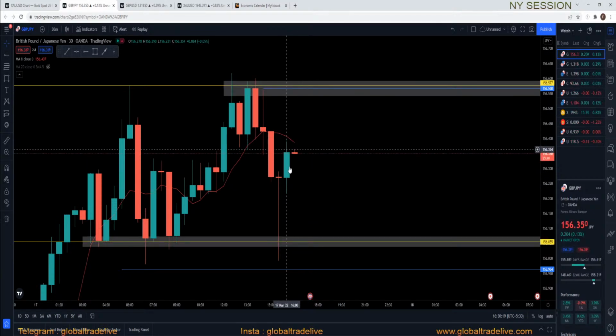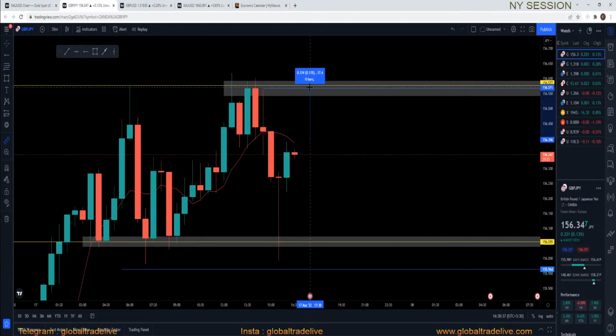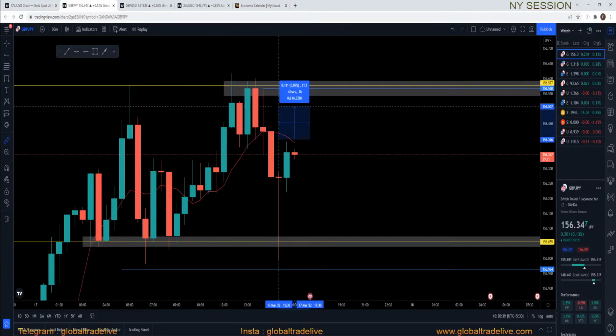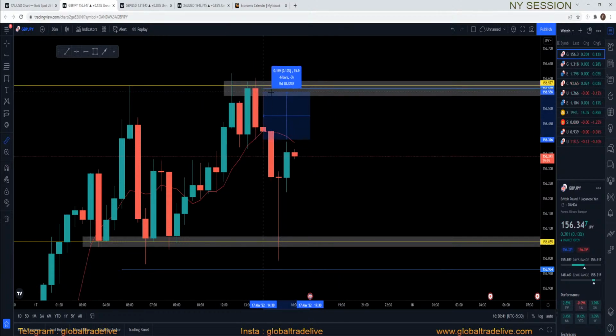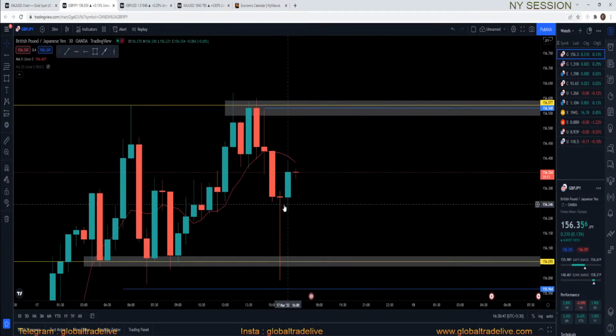So we have a bullish candle formation. I think if this candle wicks down and breaks the high of the previous one, it should be moving up to test this area. We have this wick to fill, then we have these bodies over here, plus this was the test to the downside.